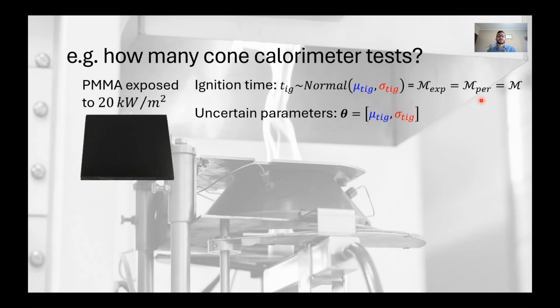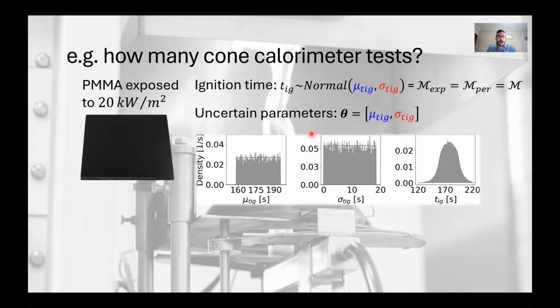The uncertain parameters of interest are the mean and the standard deviation of the ignition time distribution. And again, as before, we assume some prior distribution for them. In this case, I took two uniform distributions and I calibrated those values based on literature values for the ignition time.